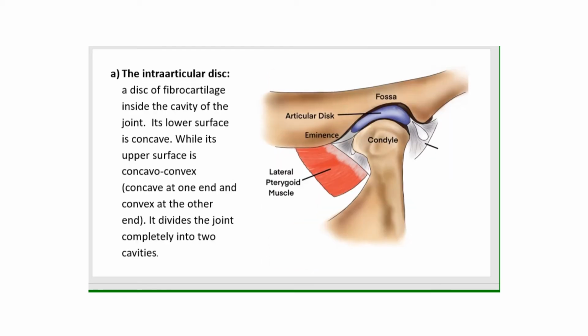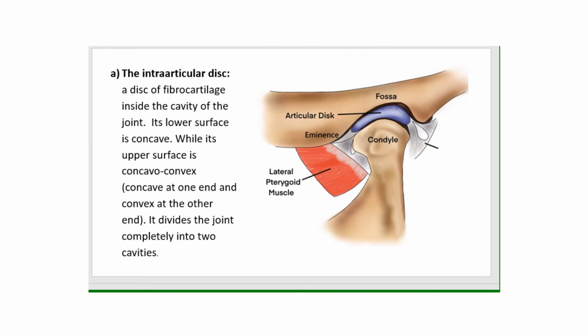Okay. This is the intra-articular disc, as this is the head of the mandible forming the lower articular surface. This is the mandibular fossa of the temporal bone forming the upper articular surface. This is the intra-articular disc of the temporomandibular joint, which divides the joint cavity into two cavities.